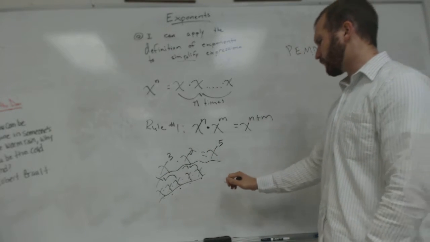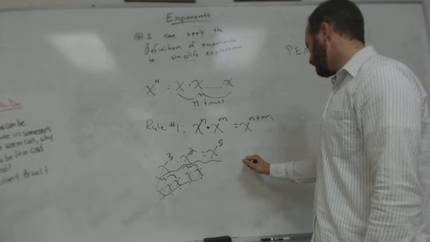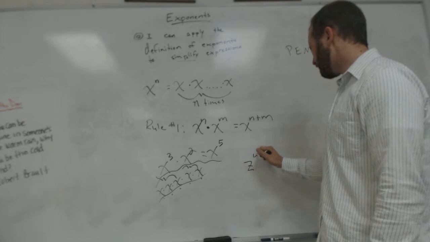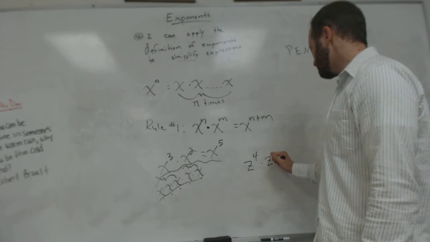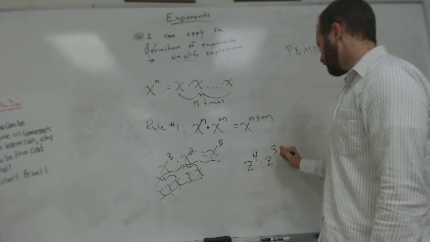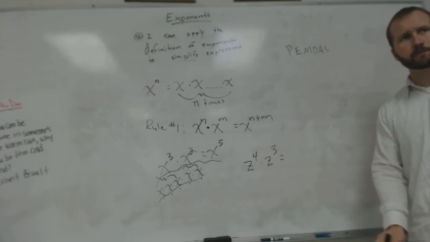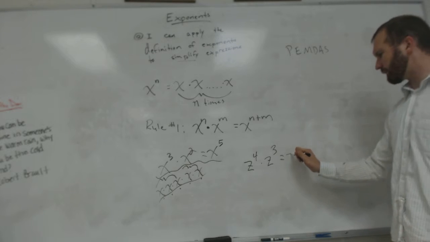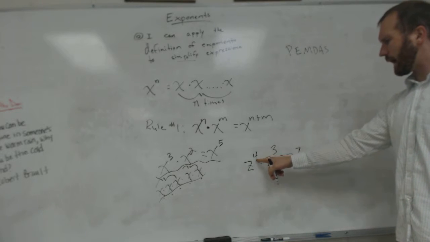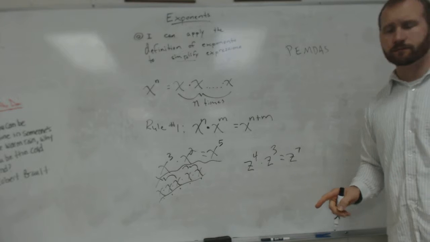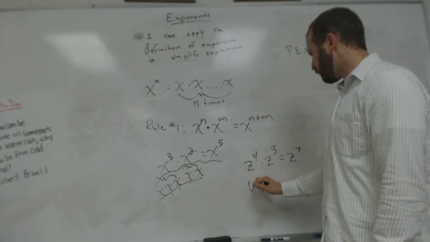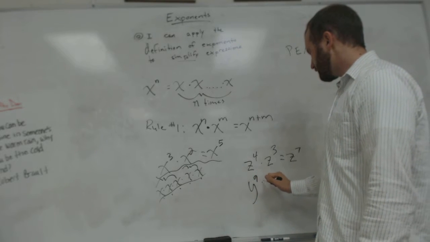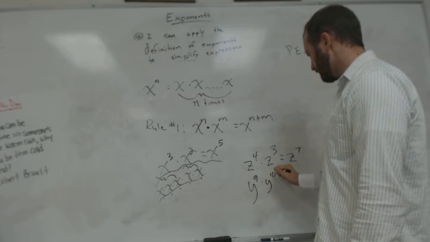Let's do another example. So let's say I have z to the 4th times z to the 3rd. What would that equal? Z to the 7th. I just simply add those exponents together. How about if I have y to the 9th times y to the 10th?